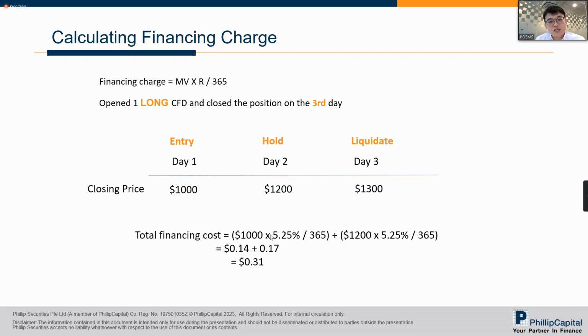On the calculation, for total financing cost, we use 1,000 times 5.28% divided by 365, plus 1,200 times 5.25% divided by 365. We will get 0.14 plus 0.17, which is 31 cents only. That is the financing charge for these three days for this position.